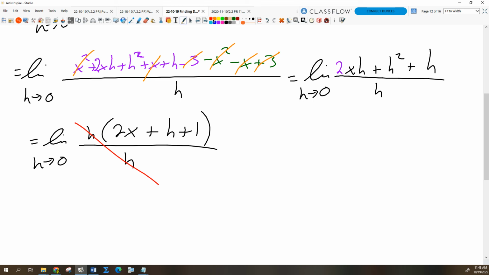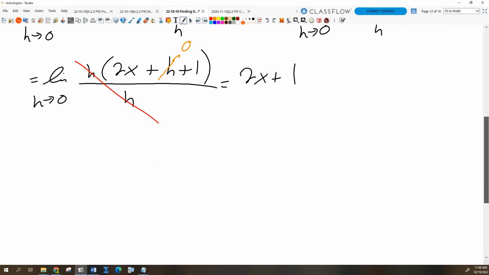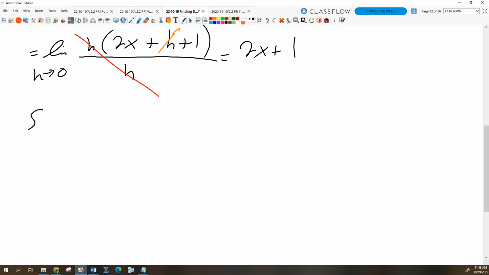If h goes to 0, then this term goes away, and I just get the answer 2x plus 1. How about that? So f prime of x equals 2x plus 1.